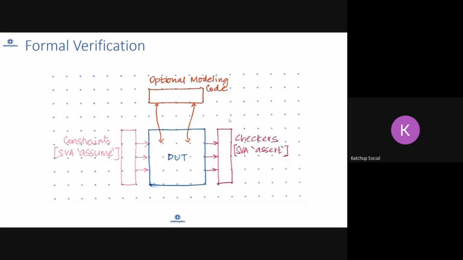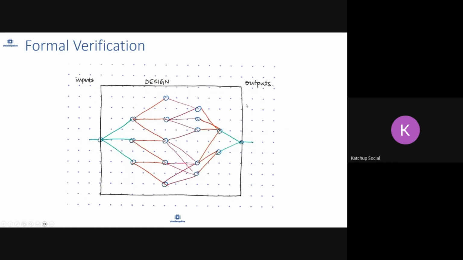But think of this as fundamentally different from writing a test bench where you're executing one particular state path in the state space. You will give some inputs, but from a particular set of inputs the formal verification tools can have multiple possible paths. You give one set of inputs, and it will go on and verify multiple paths from that single set of inputs. All these state spaces will automatically be explored.